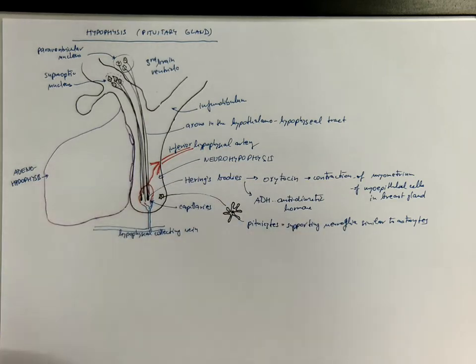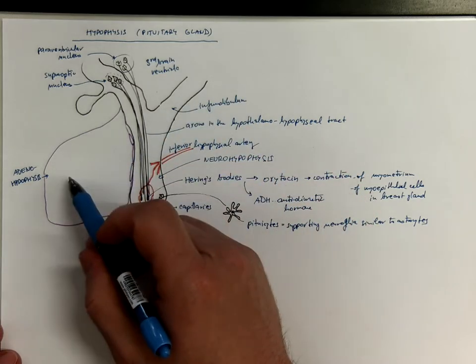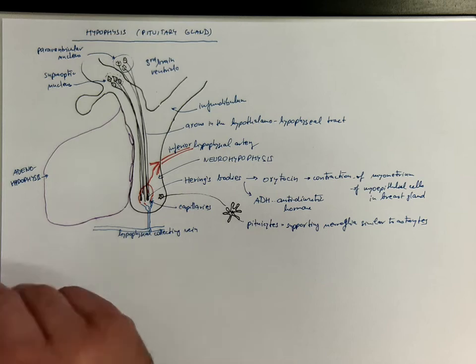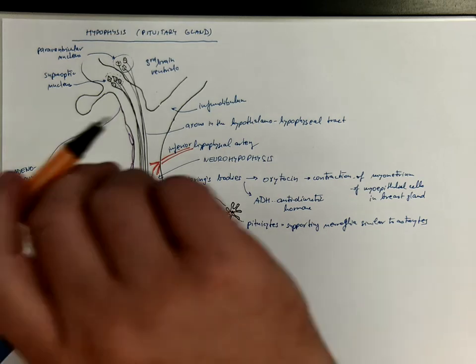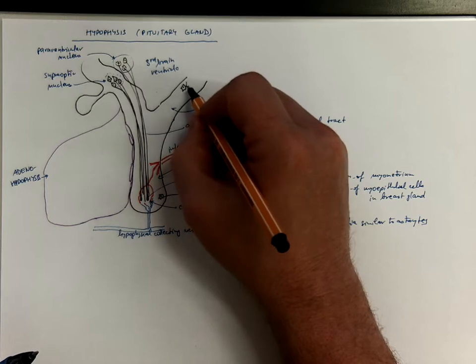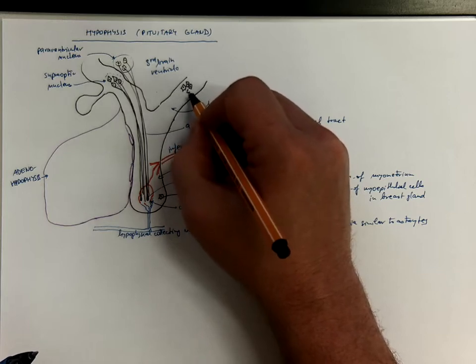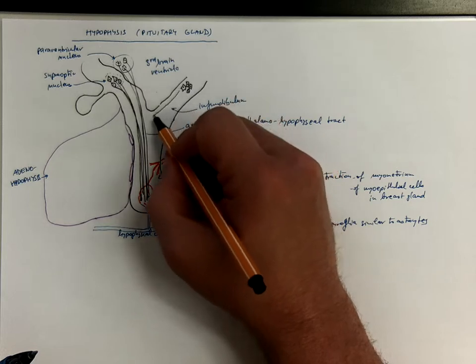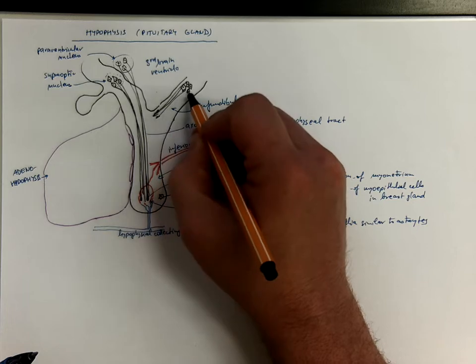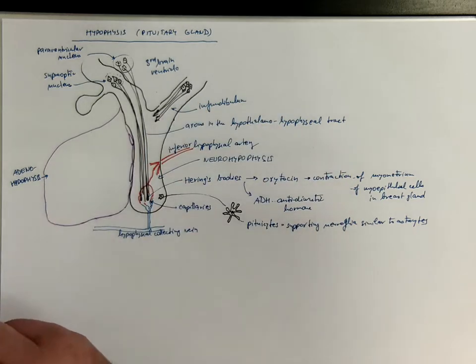And it is a completely different histological structure. There is also a connection between the hypothalamus and the adenohypophysis, but this time it occurs through vascular plexuses. We have more neurosecretory nuclei in the hypothalamus, so neurons here with axons, and they produce hormones that are transported into the adenohypophysis.